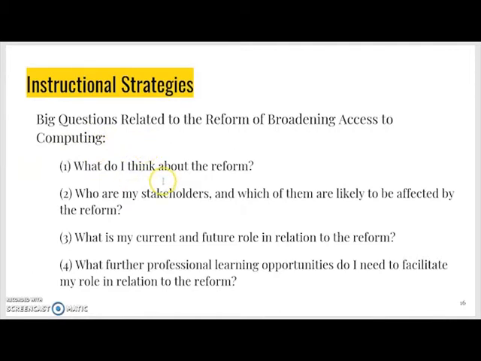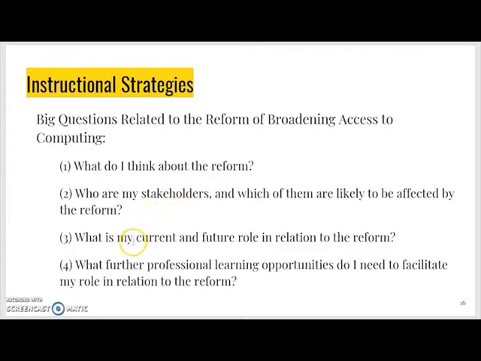So here are the big questions that I'm trying to get them to consider throughout the course. What do I think about the reform? I'm calling it a reform; you can call it an innovation. This diffusion of computational thinking in schools, what do I think about it based on readings? Who are my stakeholders and which of them are likely to be affected by it?